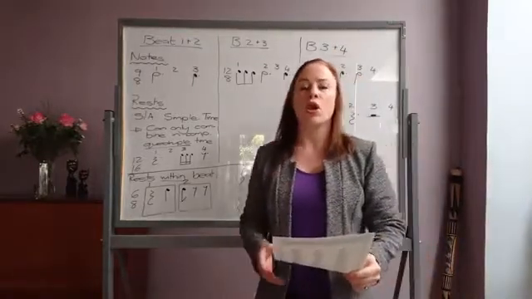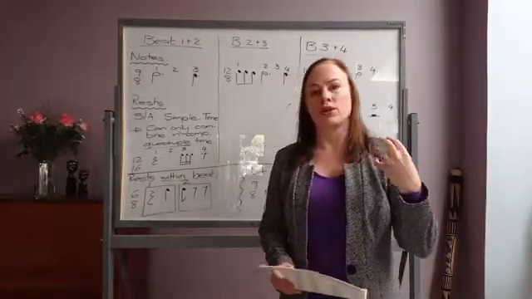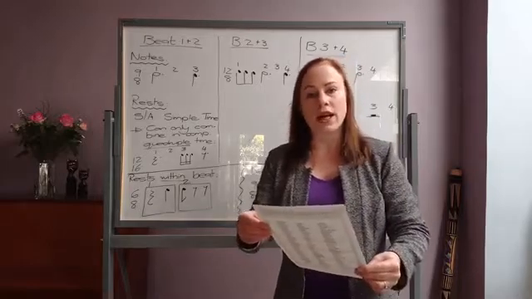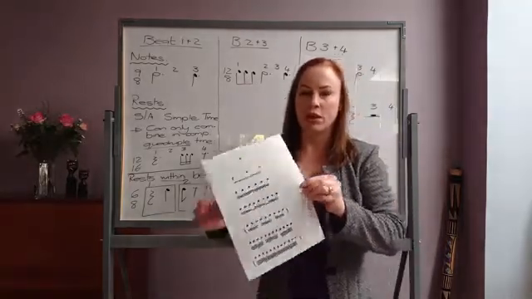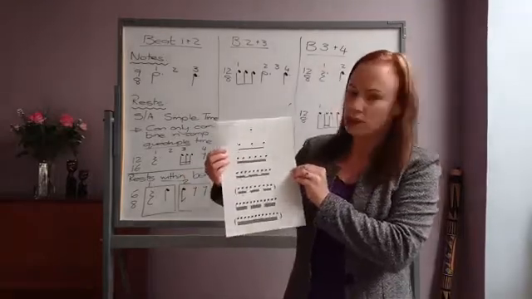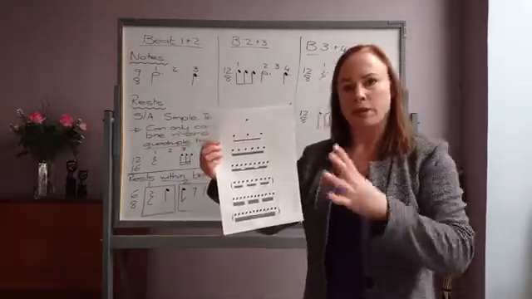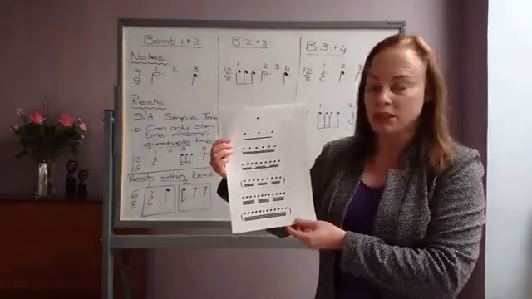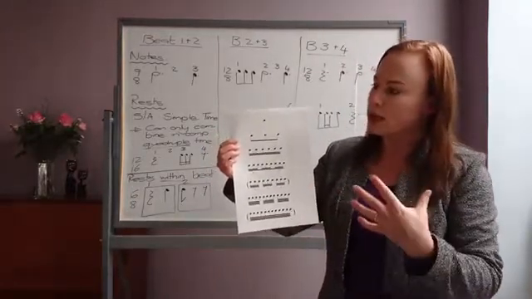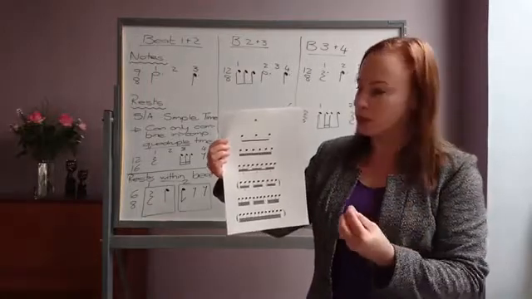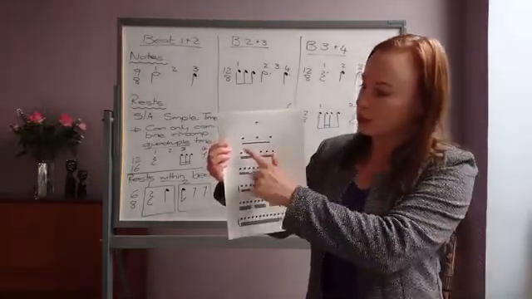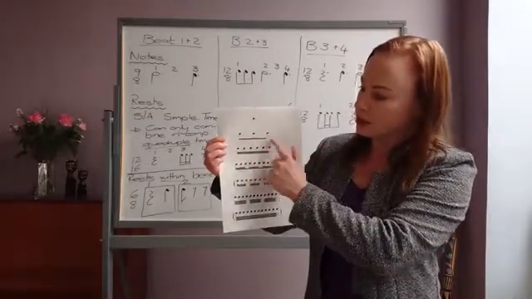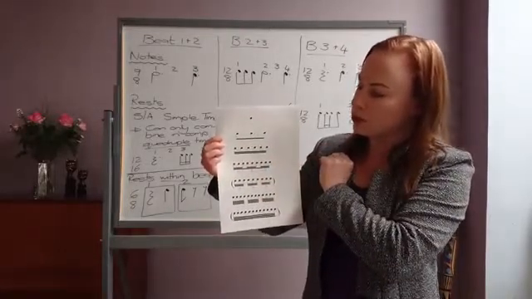First of all, whenever we work with a dotted crotchet as beat value, the division of the actual beat is going to look like this. I saw yesterday the pages I pasted on the board were a bit small, so I hope you can see this a bit better. Whenever we work with a dotted crotchet beat, we naturally split up into 3. In this case you can see it now splits up into 3 quavers.